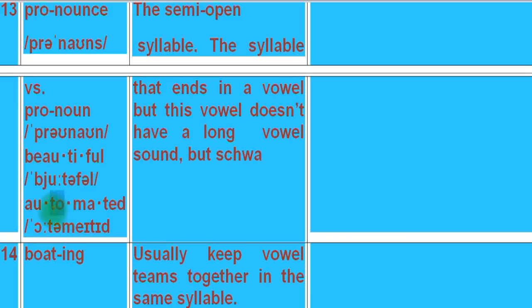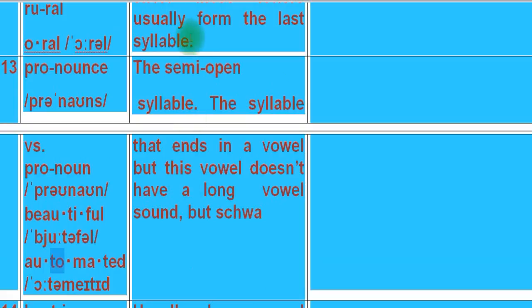So this is called a semi-open syllable. It looks like the open syllable, the syllable that ends in a vowel, but the vowel says it's semi. Here in the semi-open syllable, the vowel letter doesn't sound long, which means it doesn't say its name.